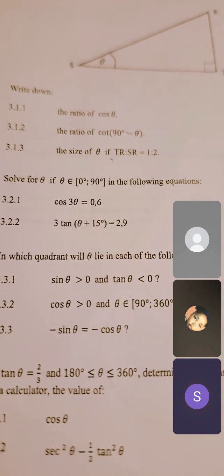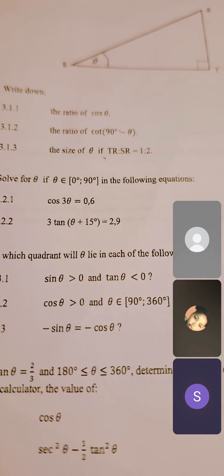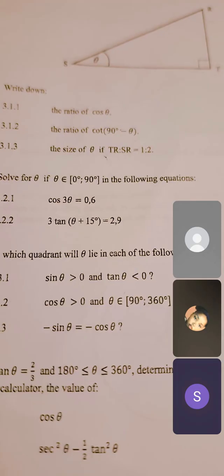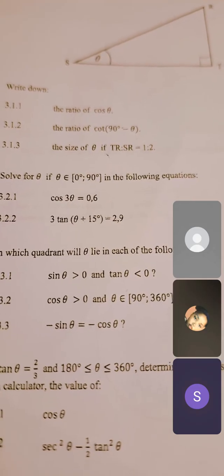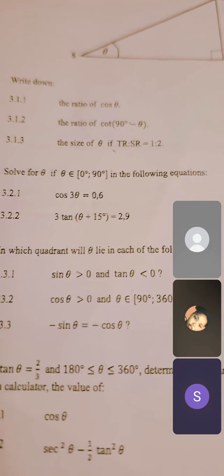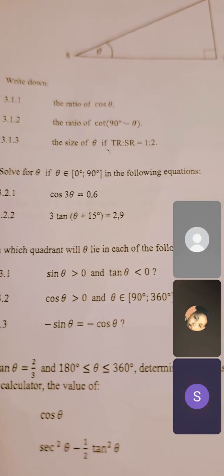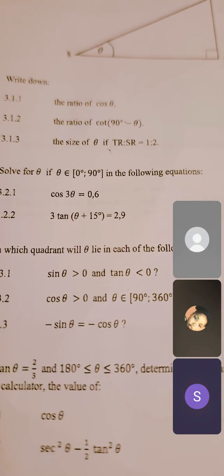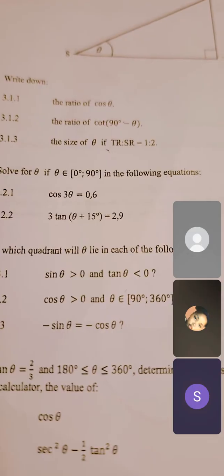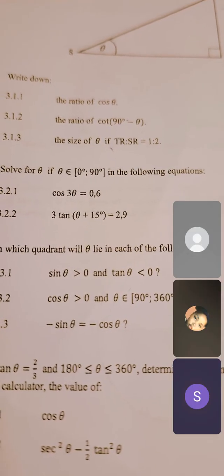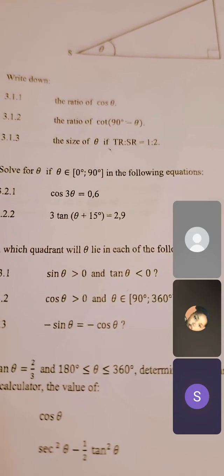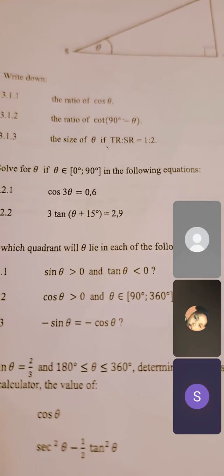You must get the theta isolated. Okay, I'm listening. What do we do? First step. If we need to get the theta isolated, we must divide by cos 3. Divide by cos 3. Then after we divide by cos 3, I think we're going to get our theta.